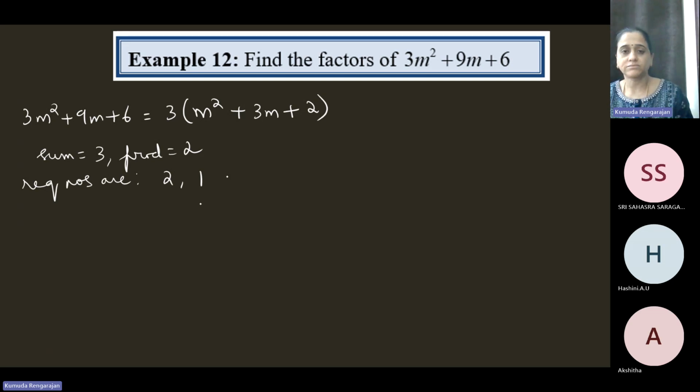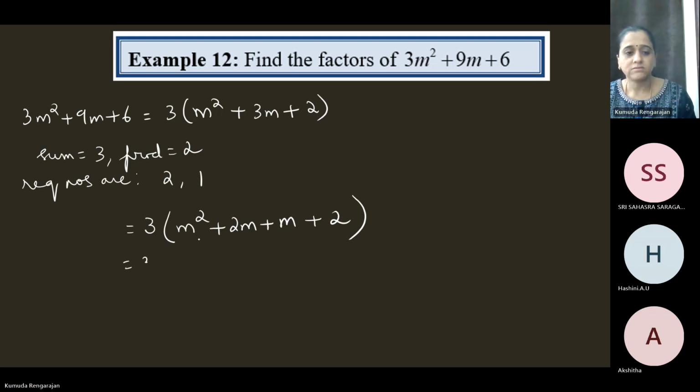m squared plus 3m plus 2 is equal to, write this 3 as it is, open bracket. Write the first term m squared, the last term 2 as it is. Split the middle term. Now use a square bracket.